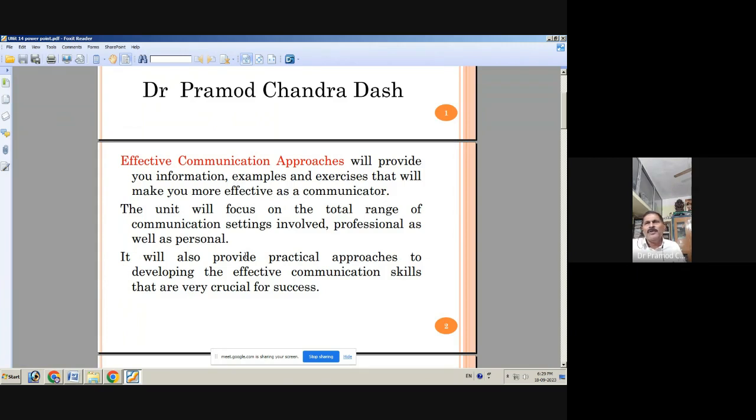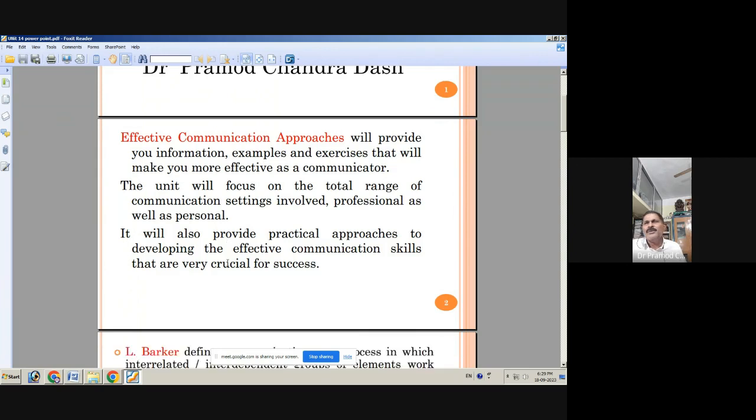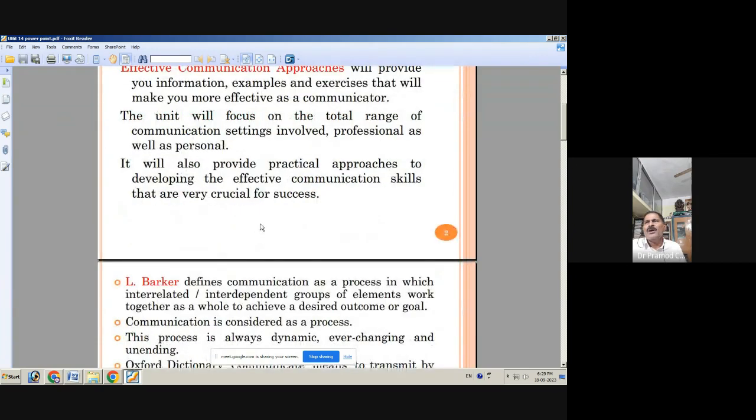So effective communication approaches will provide you the information, examples, and exercises that will make you more effective, because you want to communicate the message and information to others. Definitely this unit will focus on the total range of communication settings.